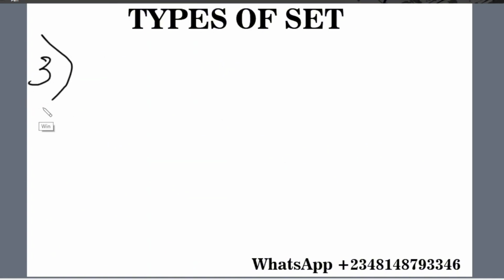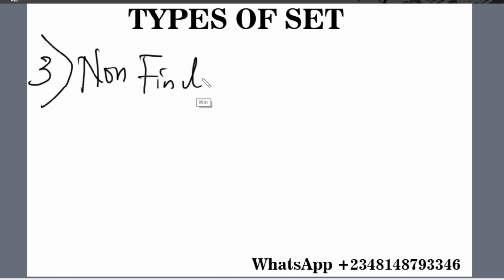Thirdly, the non-finite set. What is a non-finite set? A non-finite set is a set whose number of elements cannot be counted, unlike the finite set.